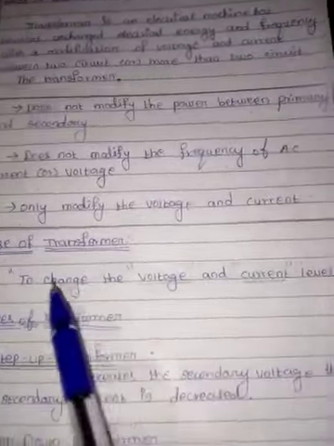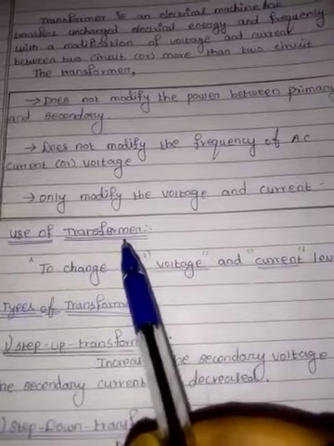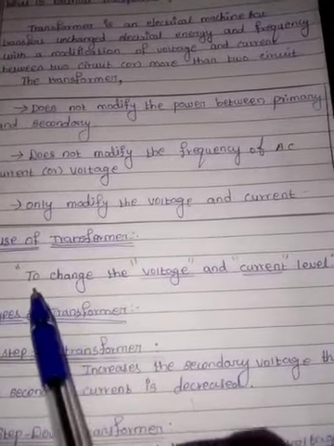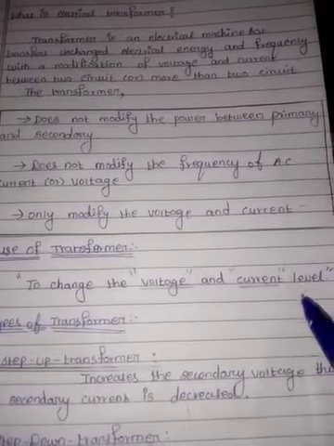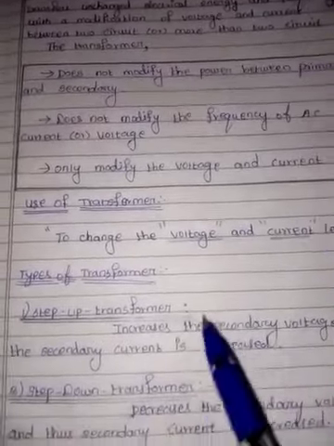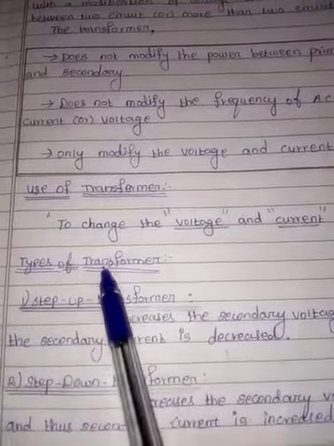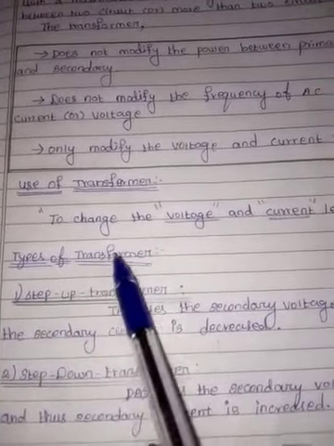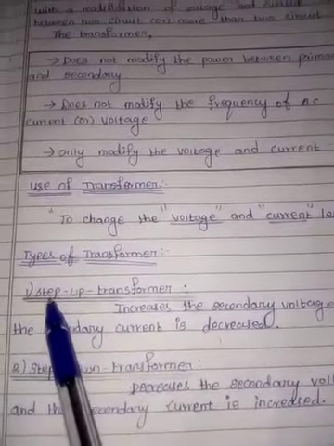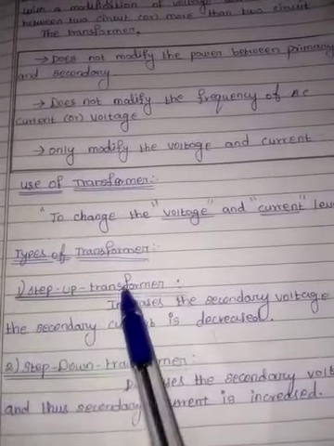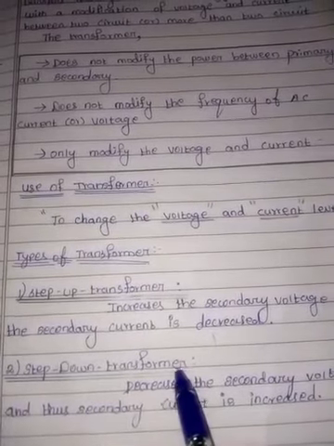Next, what is the use of a transformer? The transformer is used to change the voltage and current level. Then what are all the types of transformers? The types of transformer can be classified into mainly two types. The first one is the step up transformer and the second one is the step down transformer.